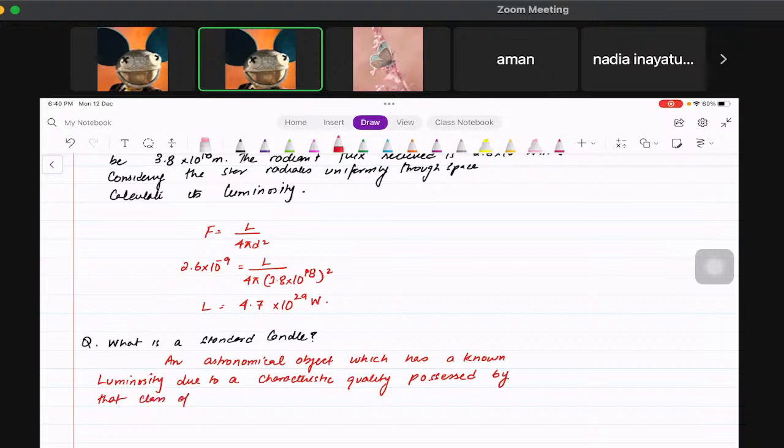We're going to learn about stellar classes too, so just hold your horses. All right, please write this definition, very very important.